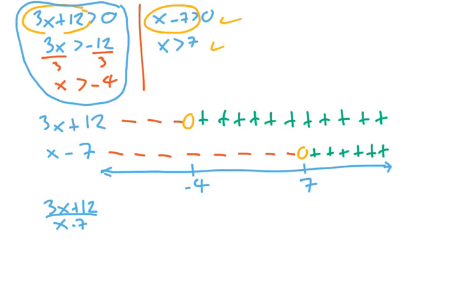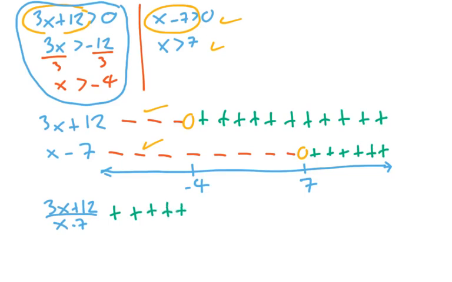Now below the number line, we'll consider what happens to the fraction. And we'll look one interval at a time. You'll see here that to the left of negative 4, you'll have a negative number divided by a negative number, which results in a positive number.